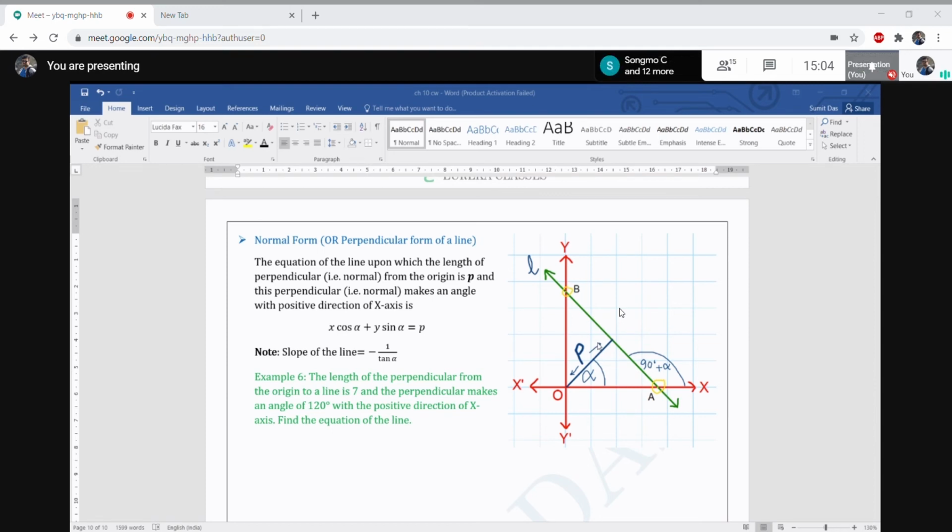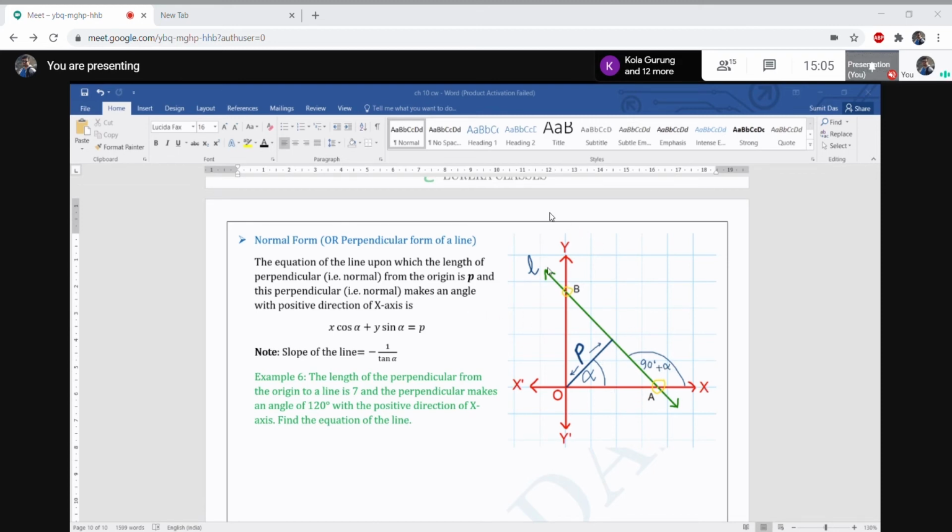You will learn the details later, in the derivative chapter, what the normal is. The perpendicular distance of a line from the origin is called the normal, and this normal distance is P. This perpendicular OQ makes angle alpha with the x-axis.